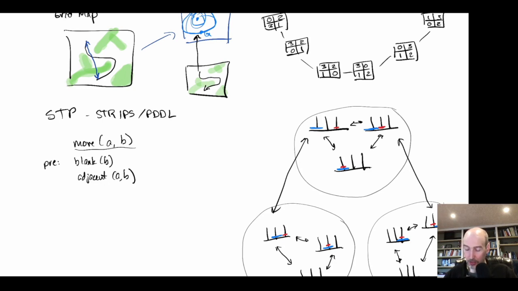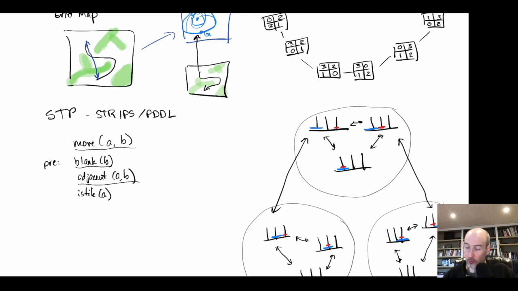I would say my precondition is that some location B has to be blank and A and B have to be adjacent to each other. And then I'd have some other conditions that say what happens. Well, after I do it, then A becomes blank and B gets the value of whatever A is. So I might have something here like is tile A. Just depending on how you're encoding it, there are a lot of ways you can do this.